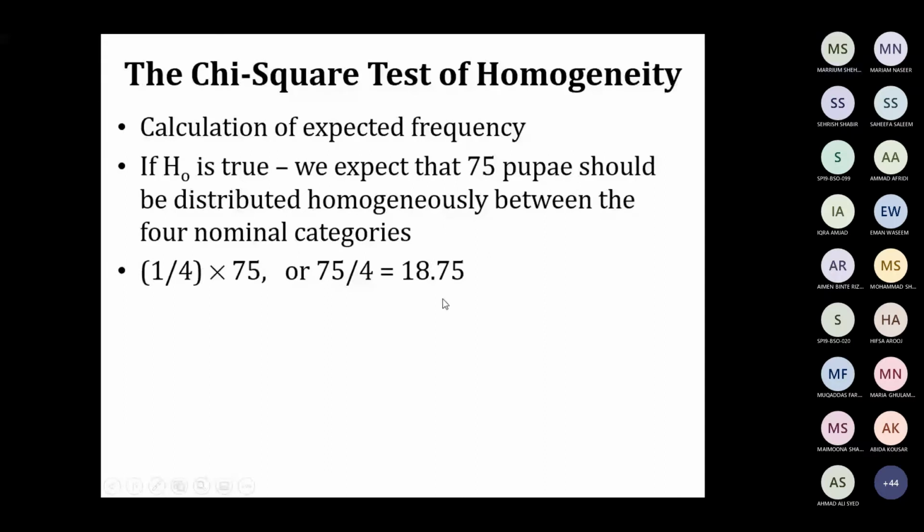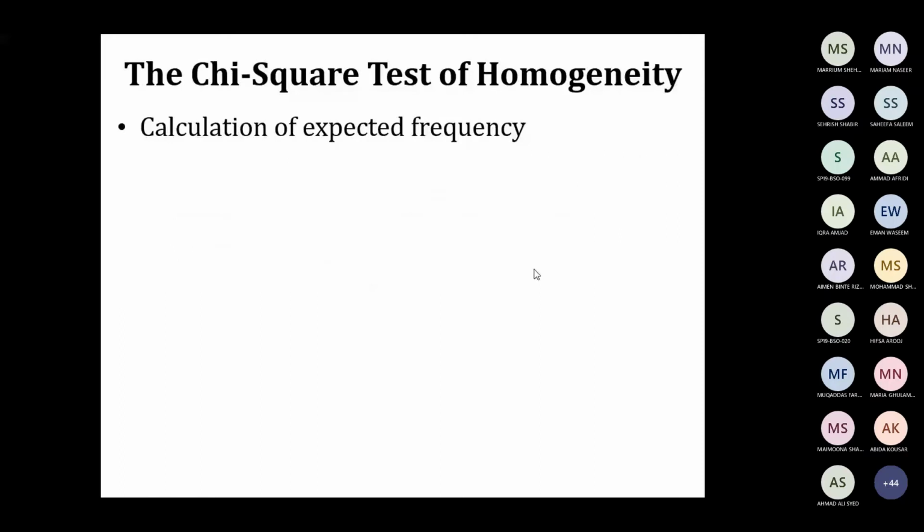Okay, so what we have to do is calculate the expected frequencies, right? Because the chi-square is the comparison of observed and expected frequencies. So we only have observed frequencies. We have to calculate the expected frequency. And how do we calculate the expected frequencies? We calculate them on the basis of the null hypothesis that we have proposed, right?